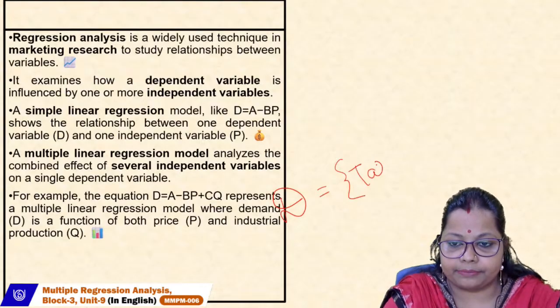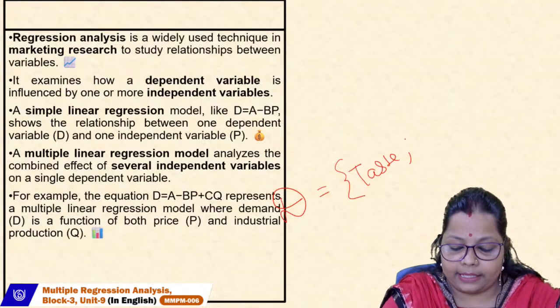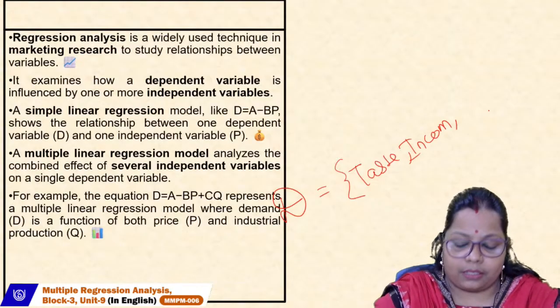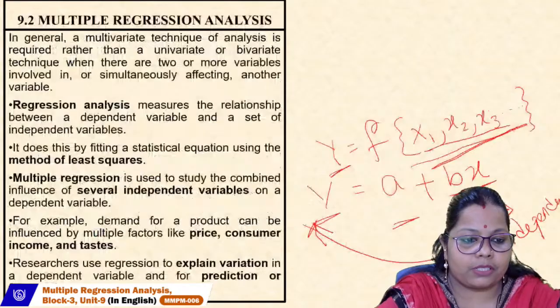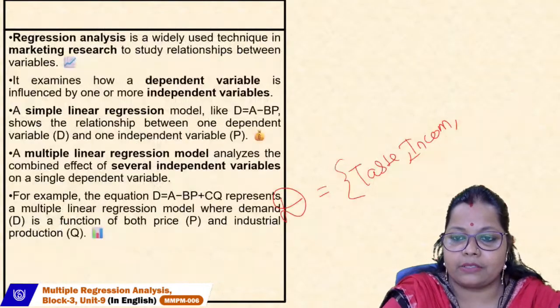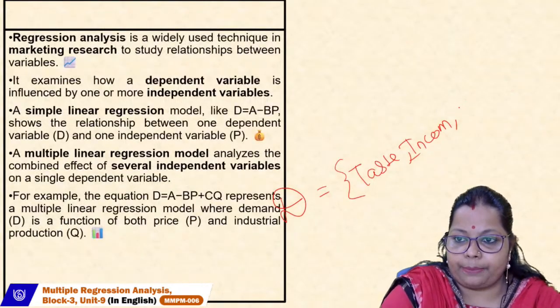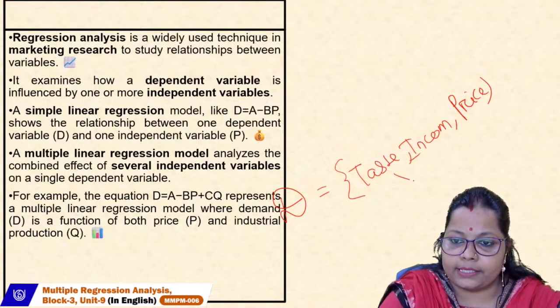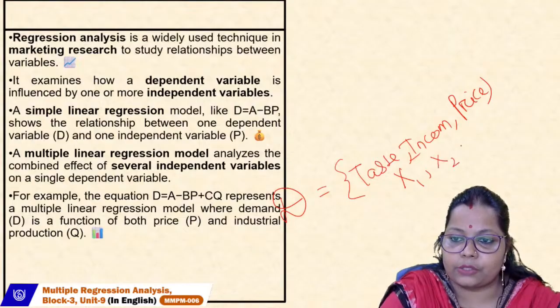Now taste, then income, and the previous variable was the price of the product. So let us assume that it is x1, you can say it is x2, and it is x3.